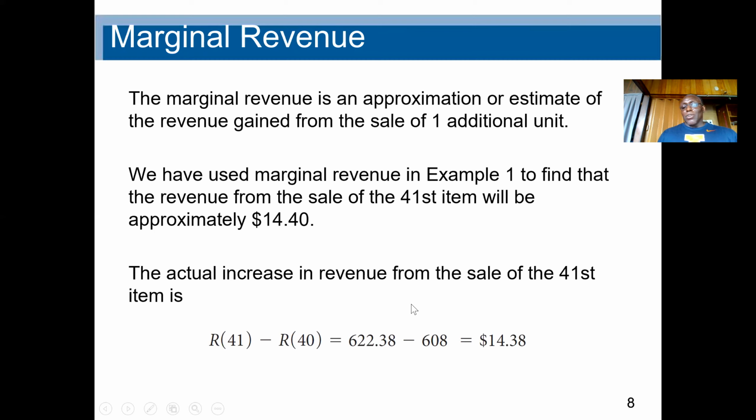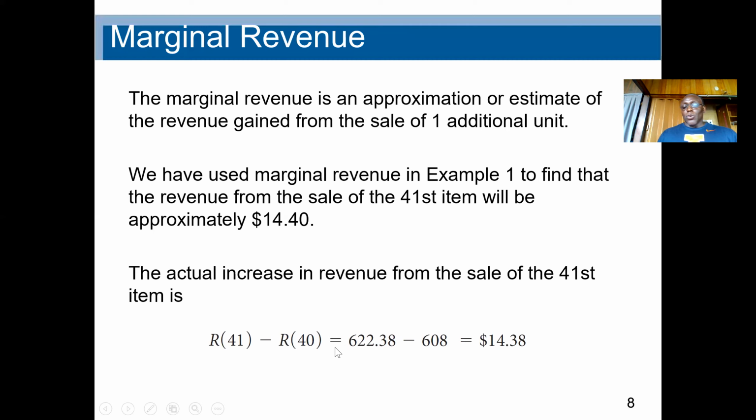So the actual increase in revenue from the sale of the 41st item is this. Now, what we are doing here is that instead of using the marginal revenue function, we use the total revenue function to find, for 41 items, what the total revenue will be, and for 40 items, what the total revenue will be. Then find the difference. You'll see that we almost get the same answer, 14.38. Here it is 14.40. So this method means we are not using the derivative of the revenue function, the marginal revenue. We are using the total revenue function.